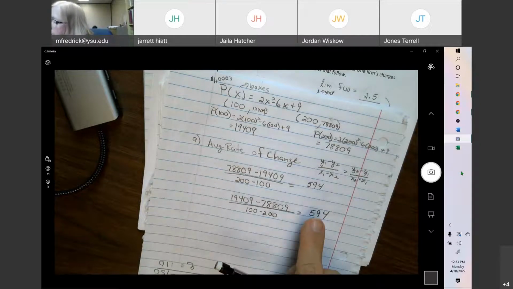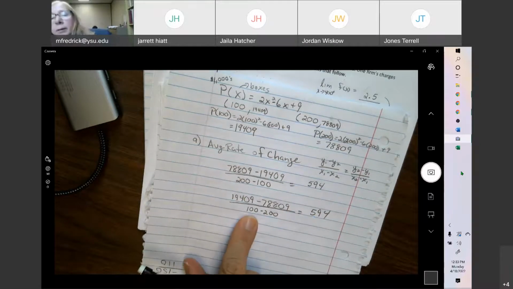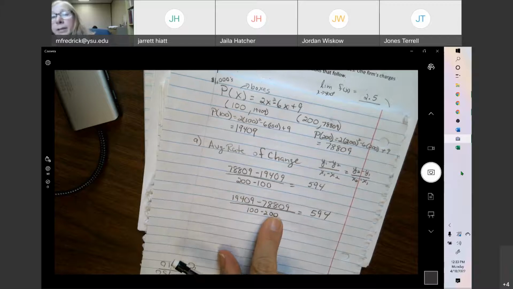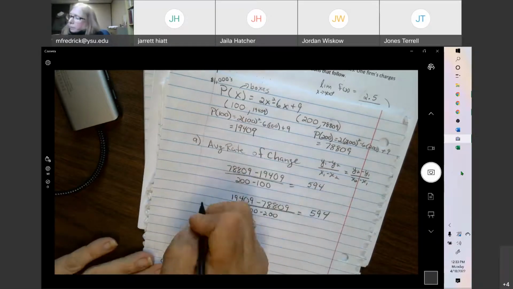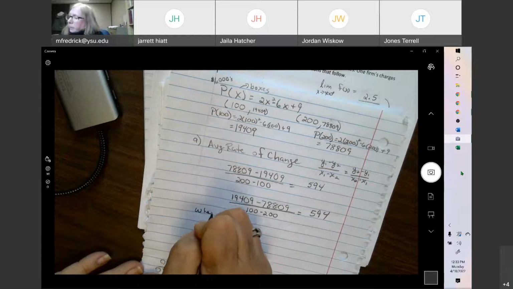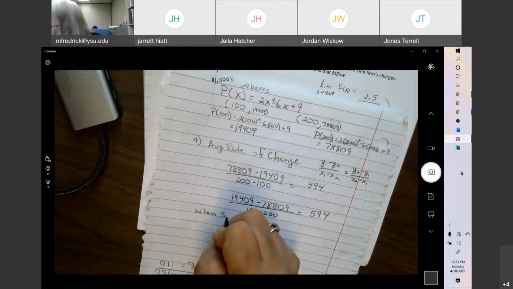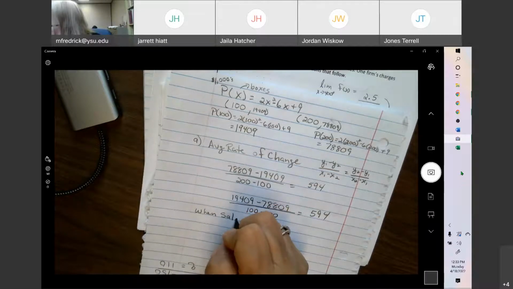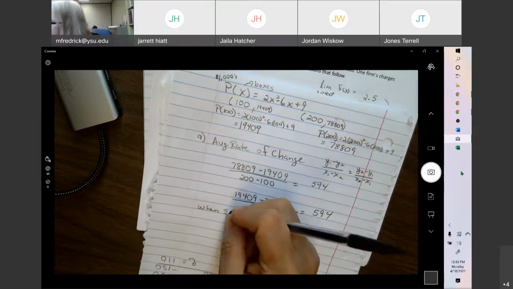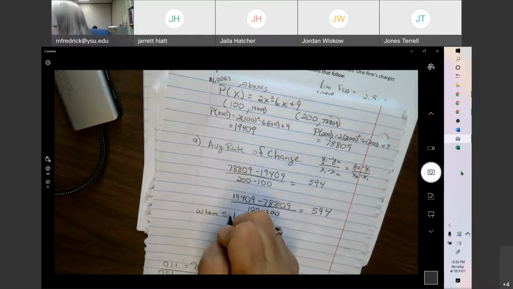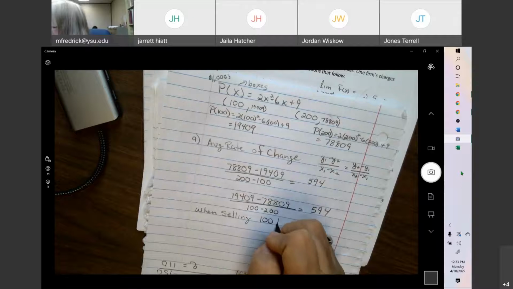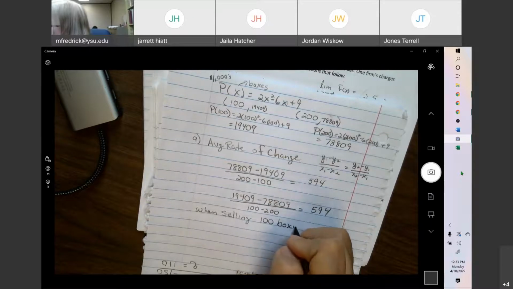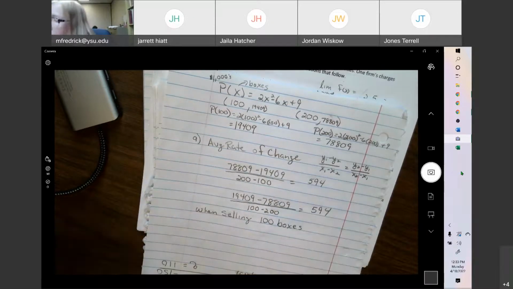Now to explain it, we're going from 100 to 200 for x. x is boxes of the Oculus 2. So we're already selling 100 boxes.